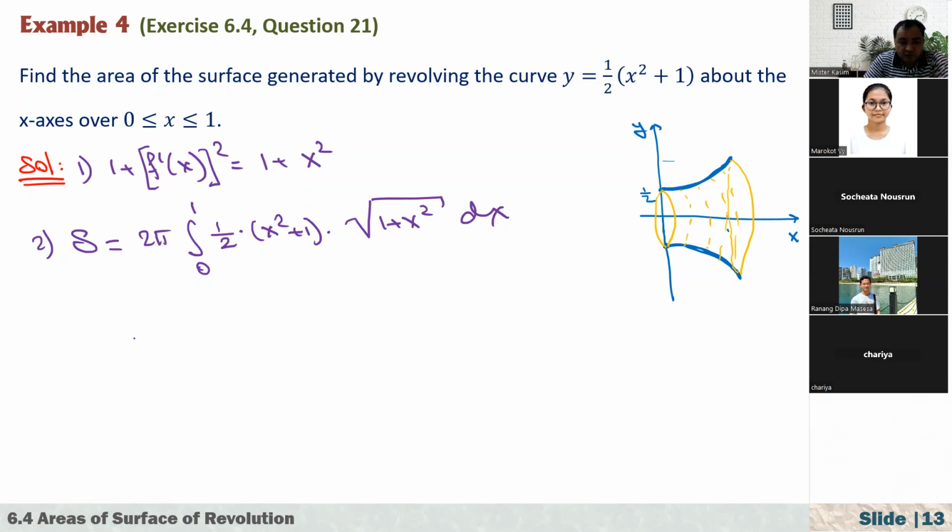So 2 pi times 1 over 2 is equal to pi, integral from 0 to 1 of x squared plus 1 times the square root of x squared plus 1, that's x squared plus 1 to the power of 3 over 2, dx. But how do we integrate this using simple methods?